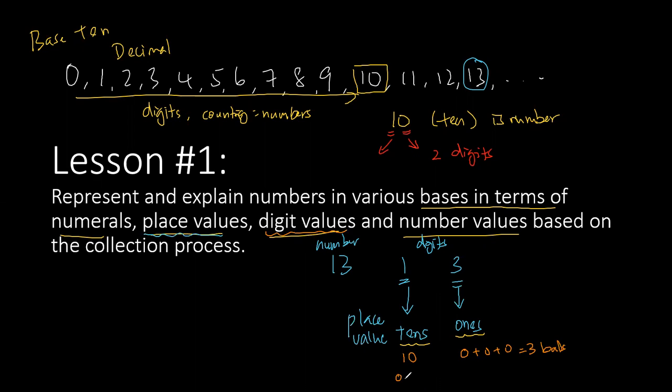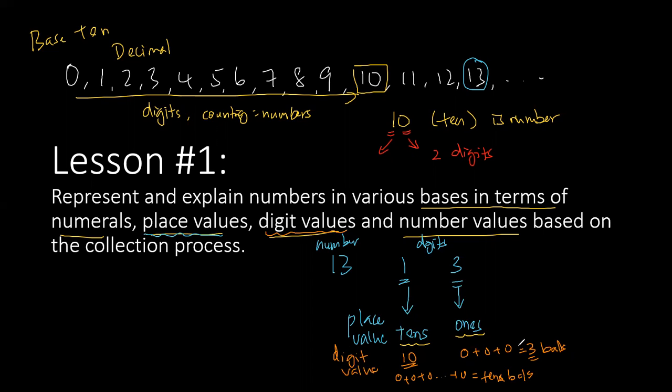It means there are 10 balls added together, and we write the word tens. So this 10 and 3 are the digit values.